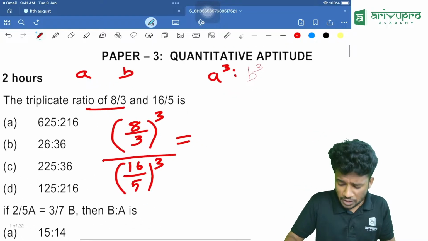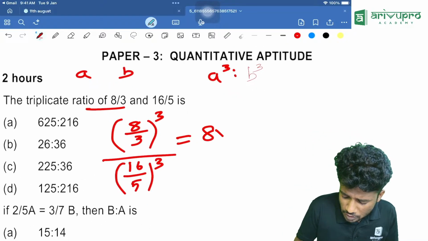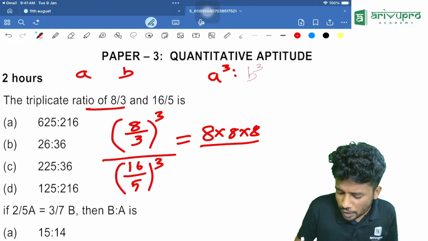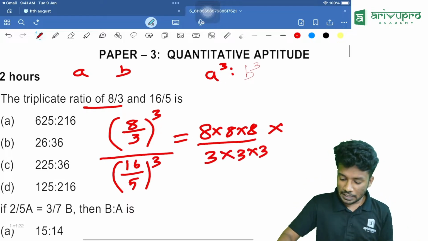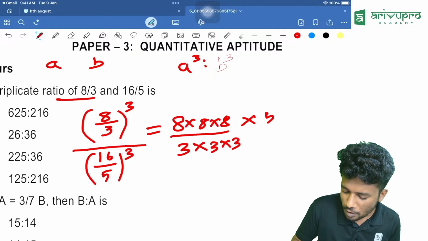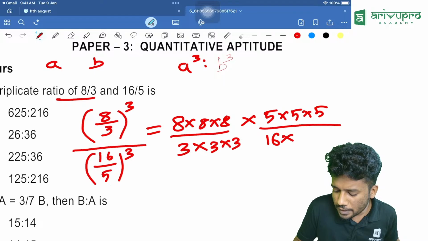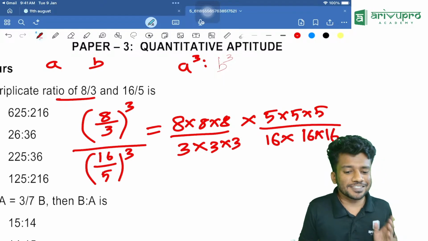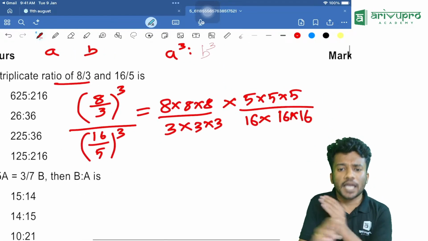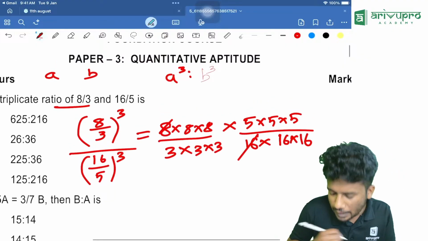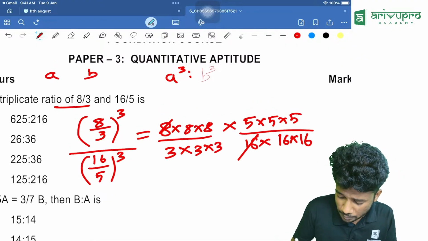When you rearrange it, you can write it as 8 into 8 into 8 divided by 3 into 3 into 3, and when we take the inverse, it will be 5 into 5 into 5 divided by 16 into 16 into 16. Now it's time to cancel. 8 and 8 with 16 get cancelled, and what remains is 2.